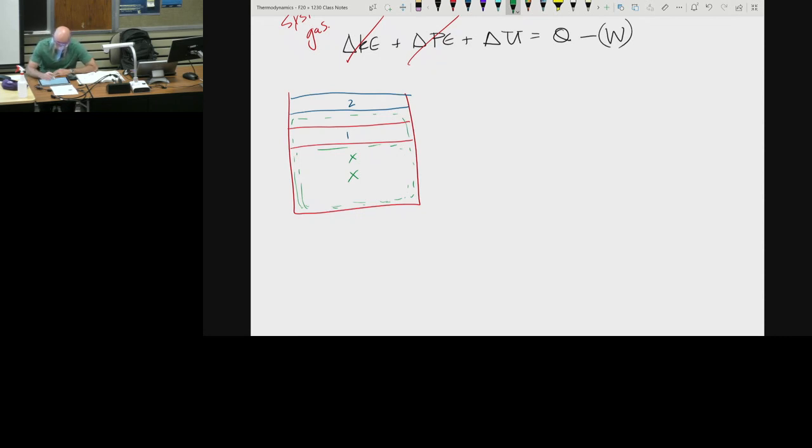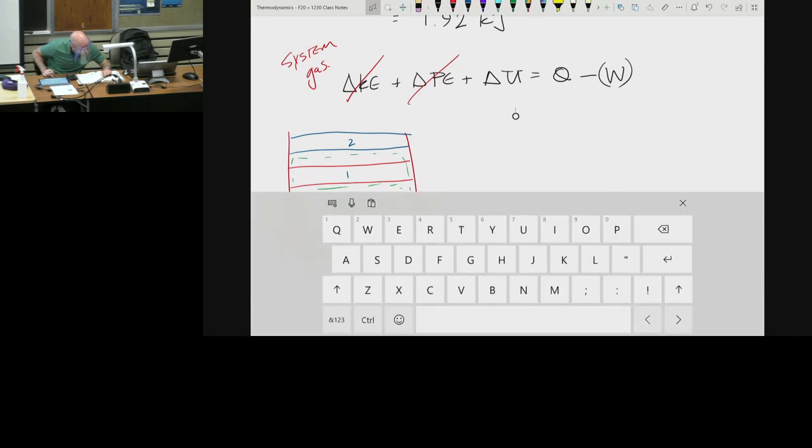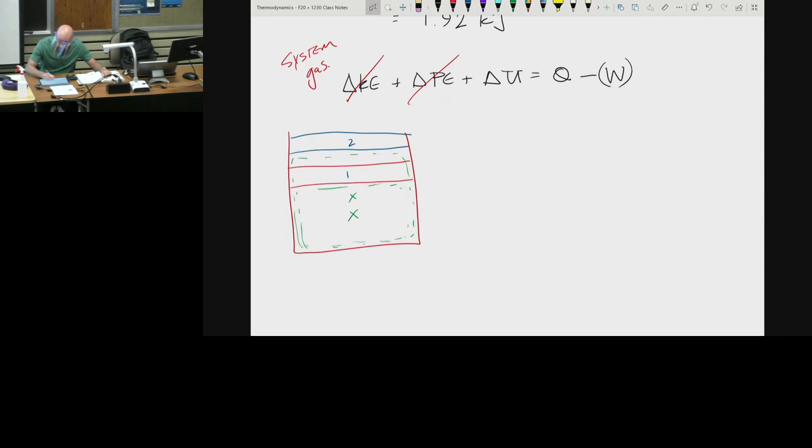All right, so what else do we have here? We have delta U. They told us in the problem statement that as the gas is slowly heated, the internal energy of the gas increases by 0.1 kilojoules. So we have 0.1 kilojoules is equal to the heat transfer minus the work we had, which is 1.92 kilojoules.